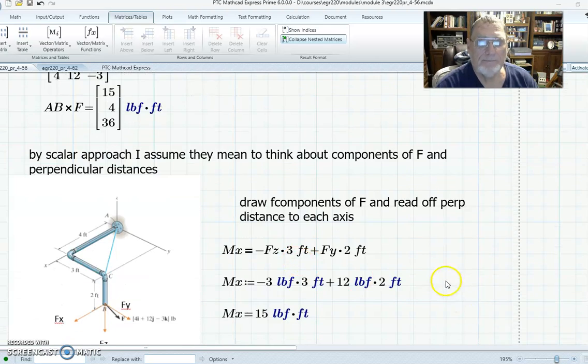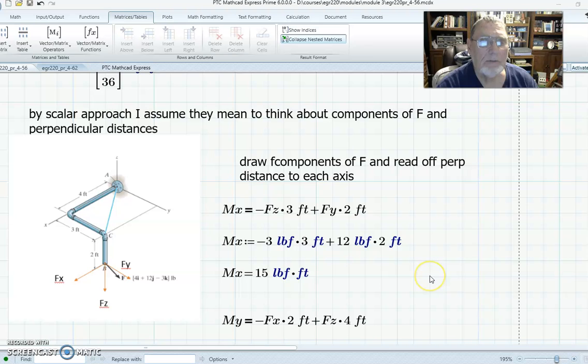Now, by scalar, he wants us to use sort of a more physical approach, and that is he wants you to think of writing your force vector in terms of its X, Y, and Z parts, and then calculate the moment of each one of these about each axis.